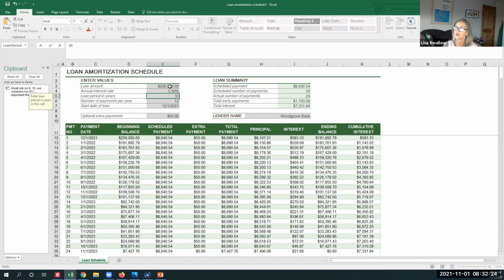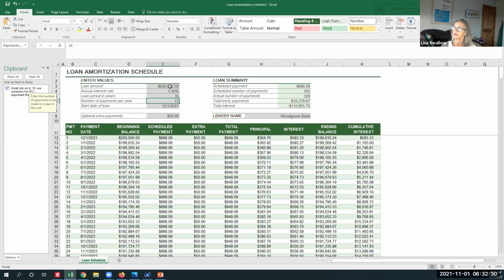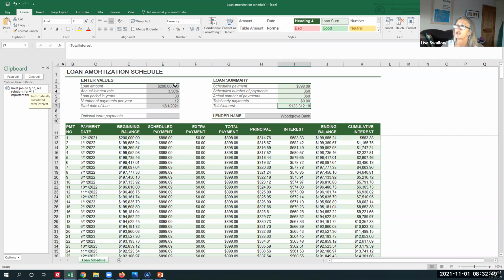If this is a 30-year note, you can go see what your payment is. $898 a month. Over the life of the loan, I am going to pay, oh wait, let's get that extra payment out of there, sorry. Over the life of the loan, on a $200,000 loan, I'm going to pay $123,000 in interest. Holy crap.